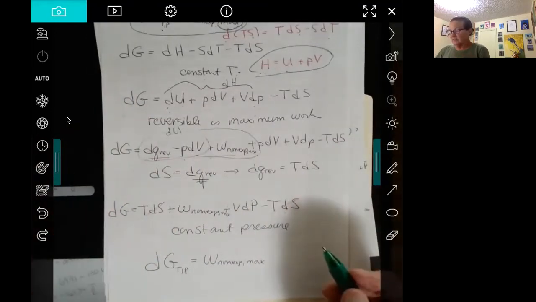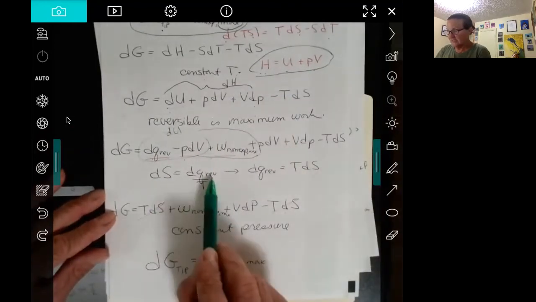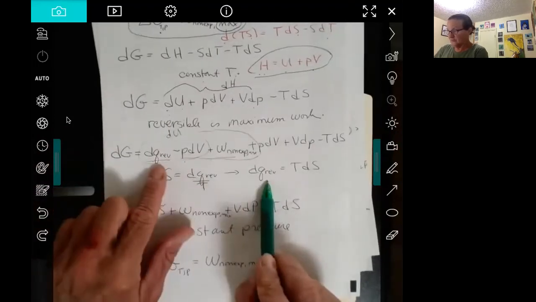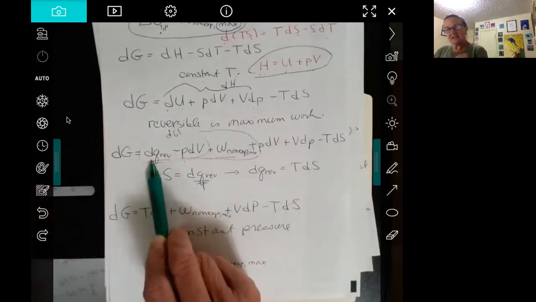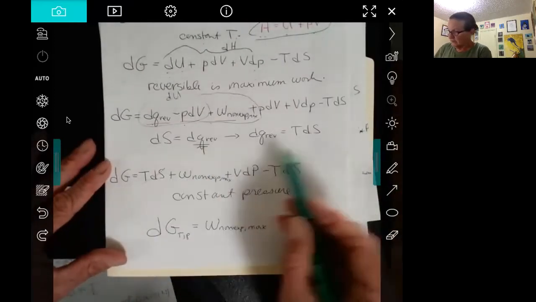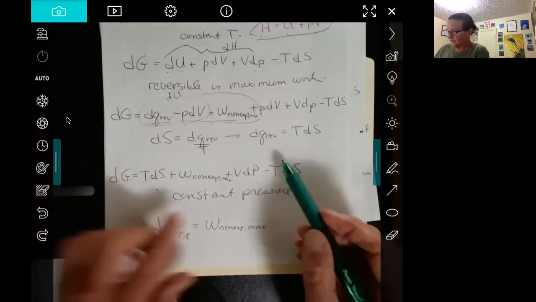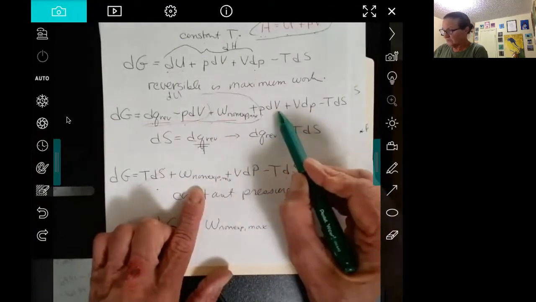So if the process is reversible, which is what will give us maximum work, then we know dS equals dq reversible over T. So that means dq reversible equals TdS. So you can put TdS in here, and the second you do that, you're putting the restriction on that you're carrying out the process reversibly, therefore you're going to get maximum work. Then you can see that negative PdV and plus PdV cancel.